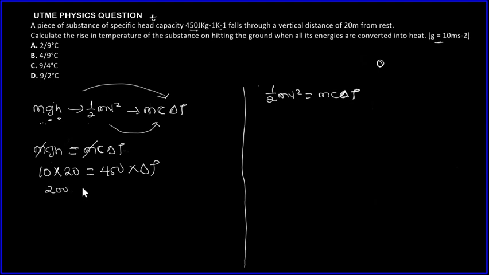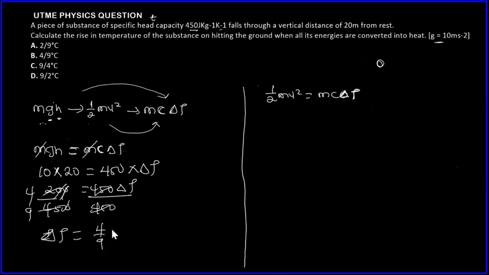So we have 200 equals 450 times the change in temperature. So divide both sides by 450. This cancels this. That's 20 over 45. 5 can go here, 4, 5 can go here, 9. So the rise in temperature of the substance is 4 over 9 degrees Celsius or centigrade. So this is the answer.